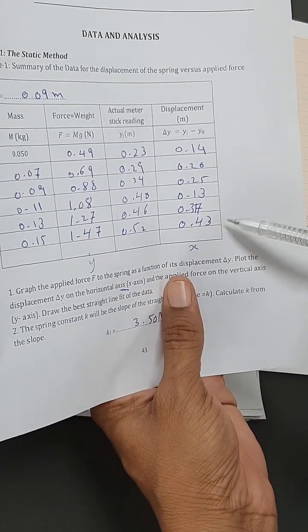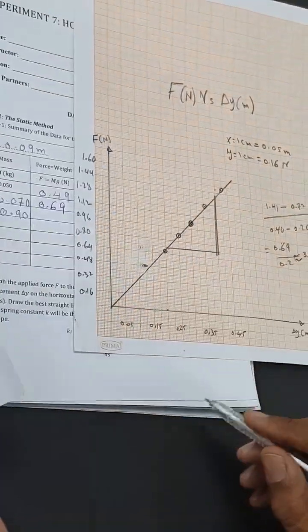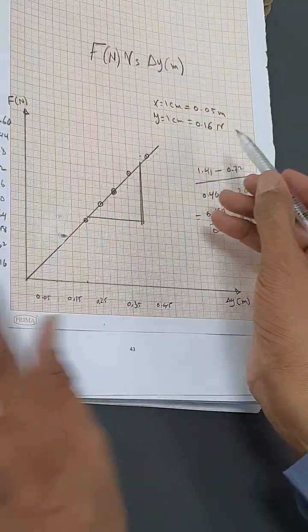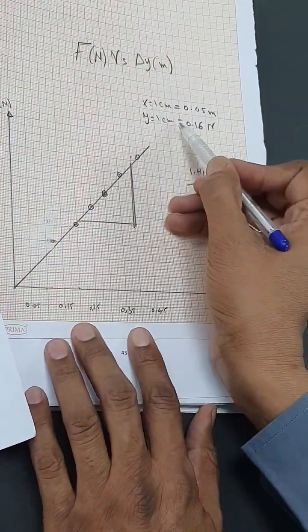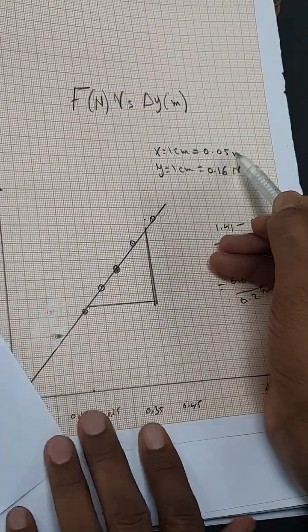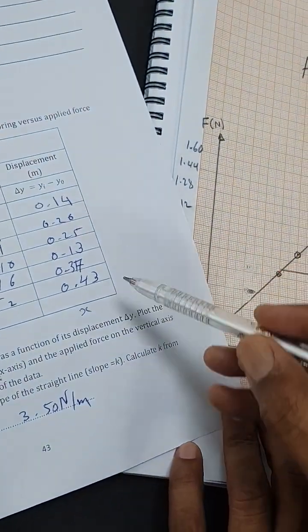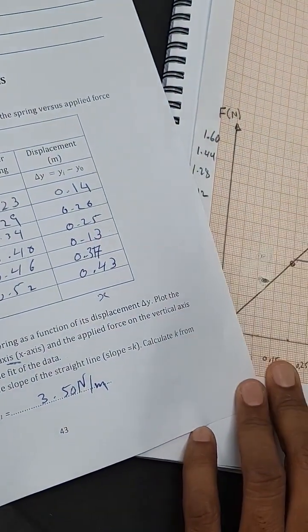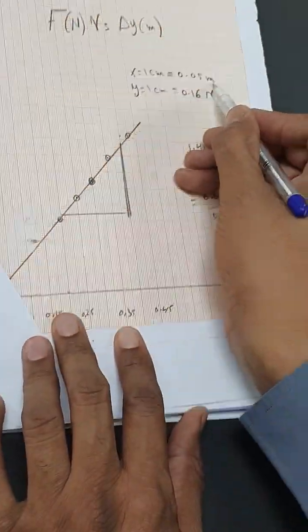So 0.43 minus 0.14 divided by 6 is approximately 0.04. So we take it as 0.05 meters.